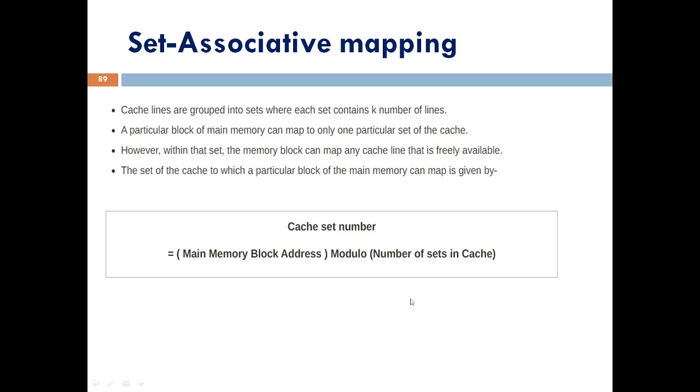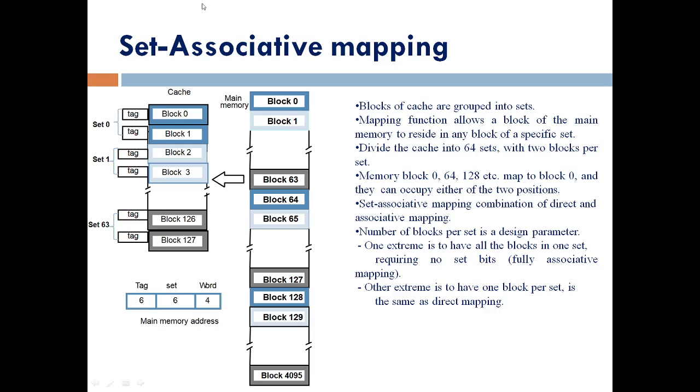So to find out which memory block from the main memory goes to that particular set number in the cache, we use this modulo function. So here instead of the number of cache lines, we use the number of sets in a cache. So blocks of cache are grouped into sets. Here we are mapping two memory blocks into one set.